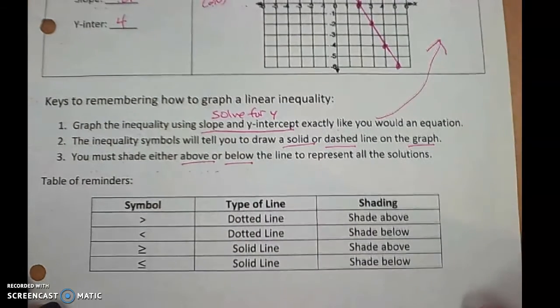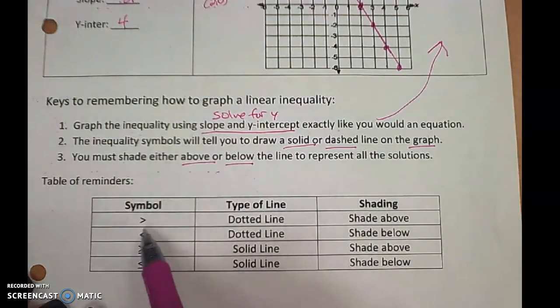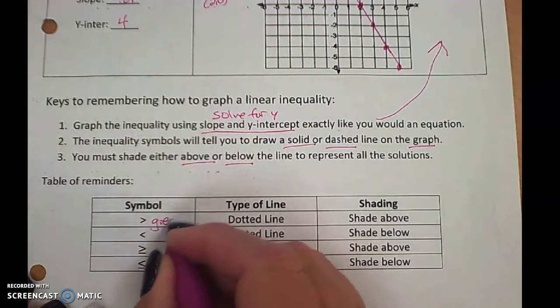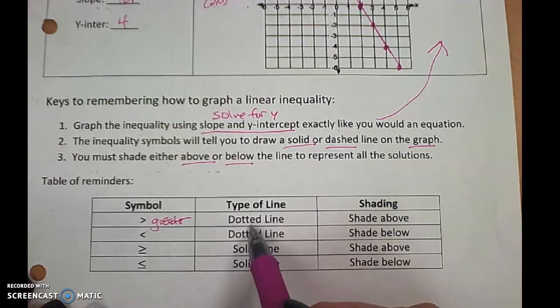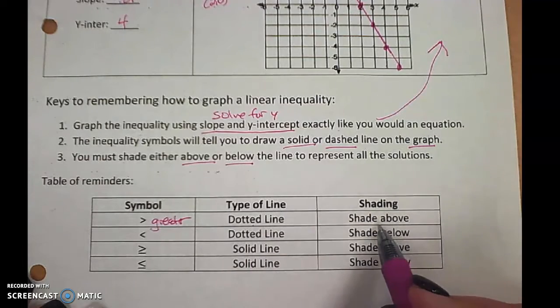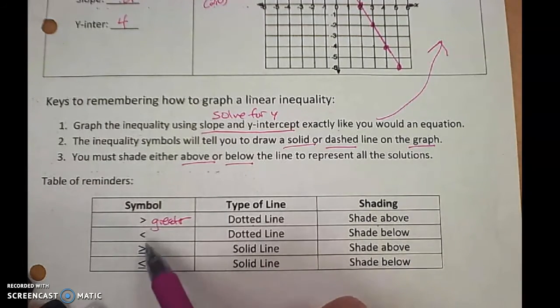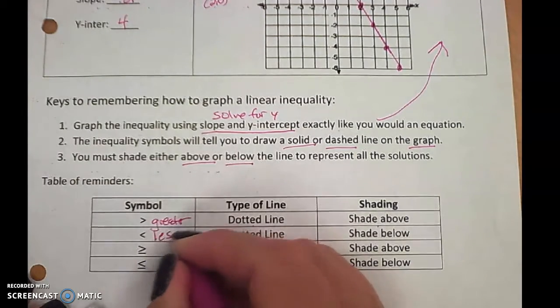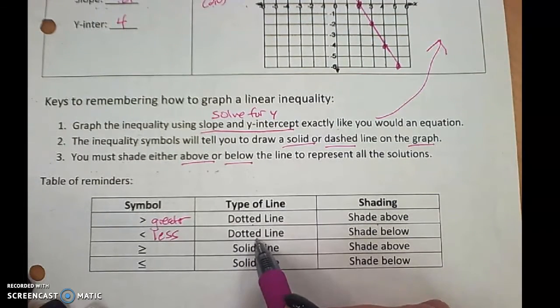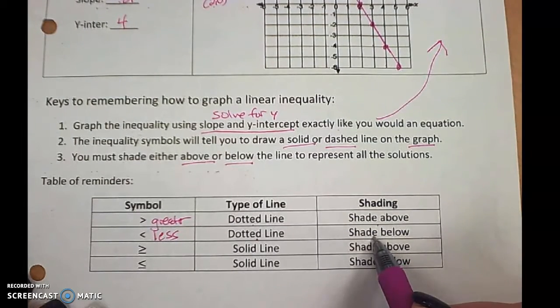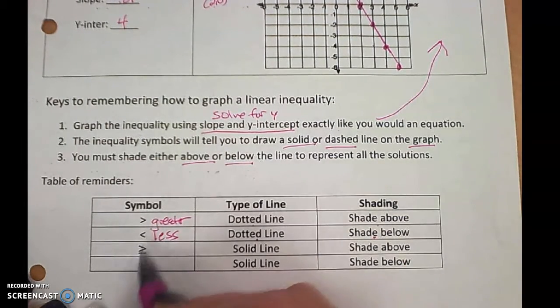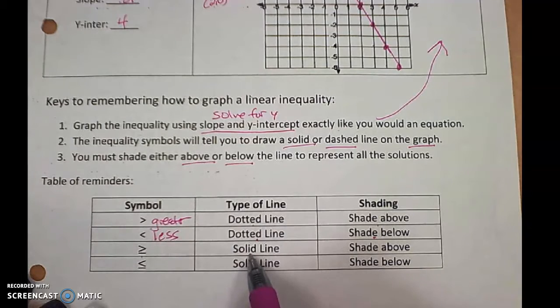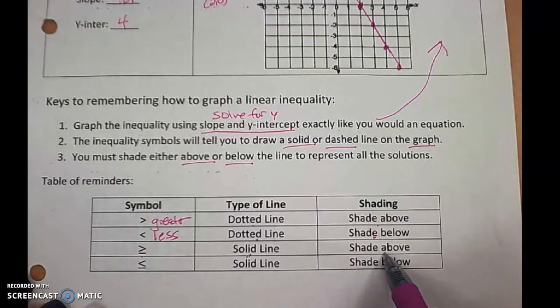So here are some reminders. If the symbol is greater than, it's going to be a dotted line. Remember, we had open dots. And you shade above because it's greater than. Less than is a dotted line, and you shade below because it's less than. Greater than or equal is a solid line. That means any point on that line would also be included in the solution, and it's shaded above.